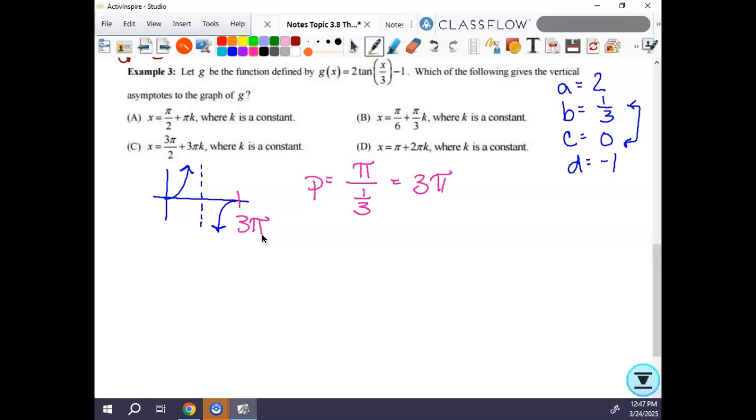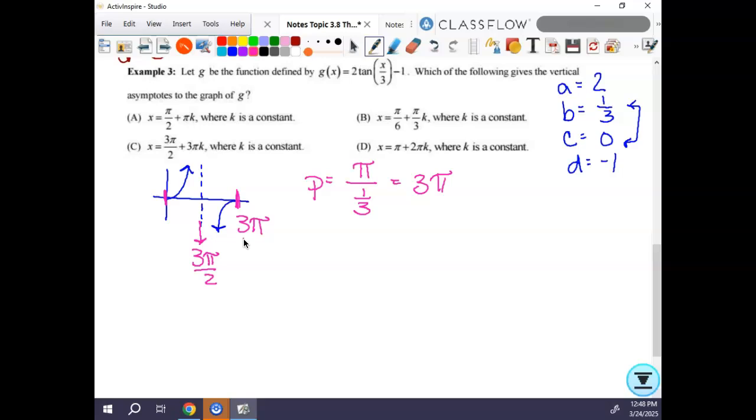For each period, remember it's periodic, that's basically just move over, stamp it again, move over, stamp it again. There's one asymptote right in the middle of it. So my first asymptote, because I know this does not get shifted left or right, I know it goes up and down and it stretches, but again, that doesn't matter for right now. My first asymptote is halfway between 0 and 3 pi, which makes this right here at 3 pi halves. And then whatever the period is, that's how far apart your asymptotes are.